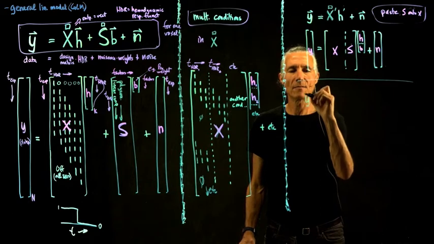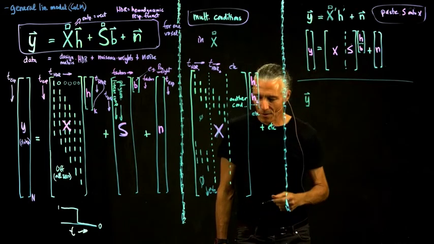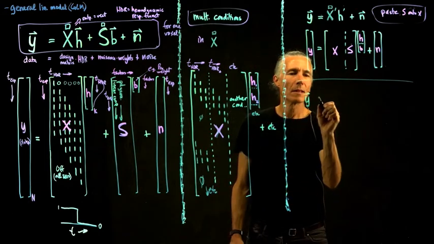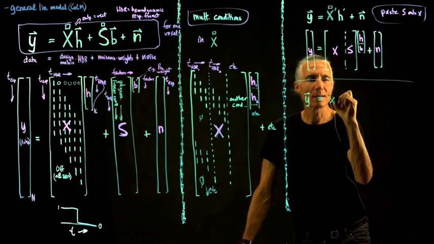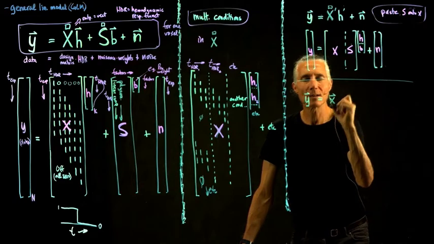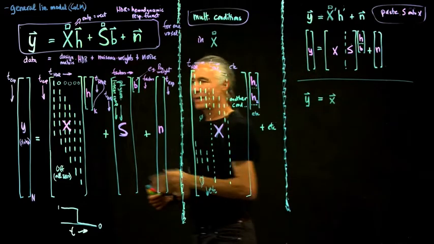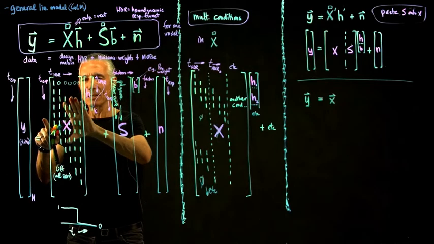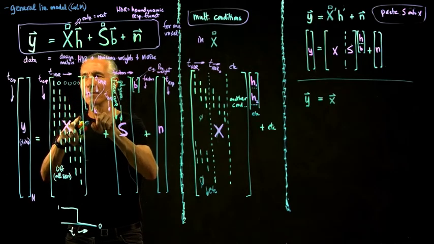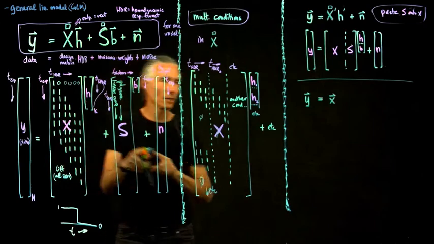Here's our data vector. And so our data vector equals the X vector. And what is the X vector? The X vector is the vector that you get after you multiply the X matrix times the hemodynamic response function.